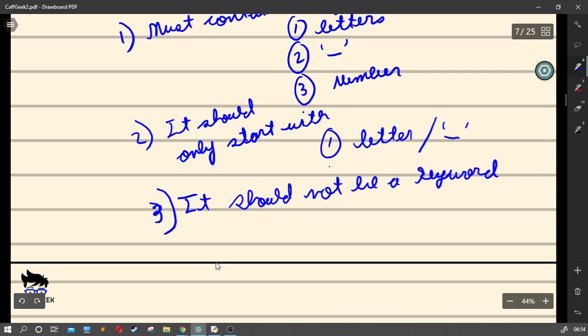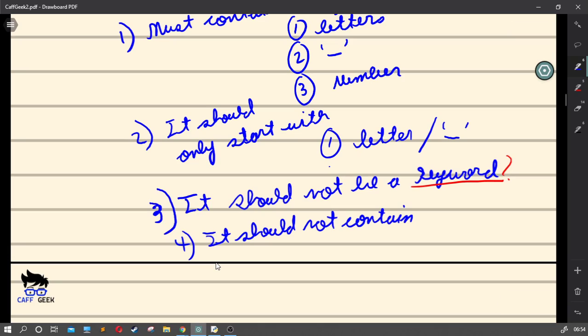The question is what is a keyword altogether? We will see what a keyword is. Number four, it should not contain symbols or special characters. That's much better.